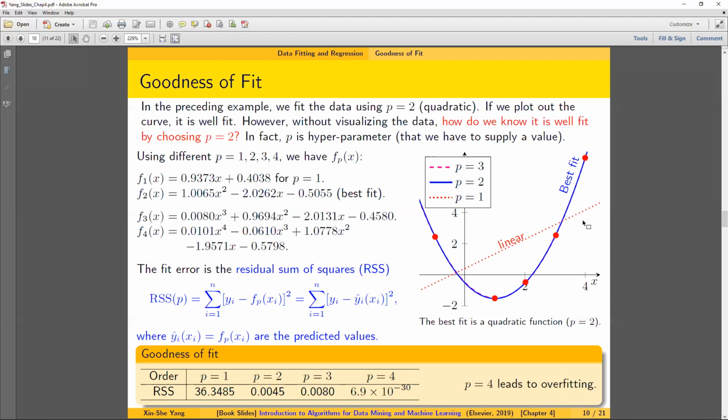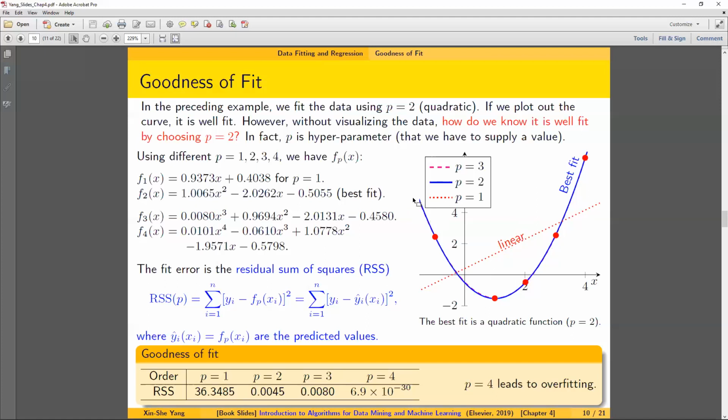So now we use p equal to 1, 2, 3, 4, so that we have different fits of the functions. For example, when p is 1, we come back with this linear line. And when p is 2, we come back with this line.